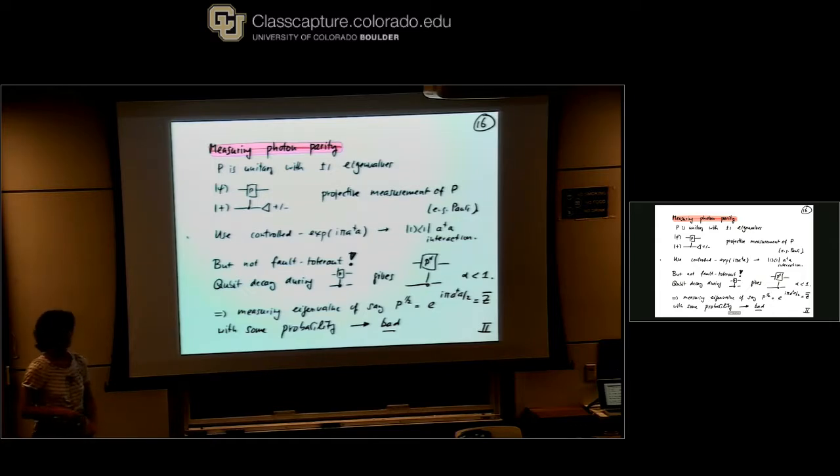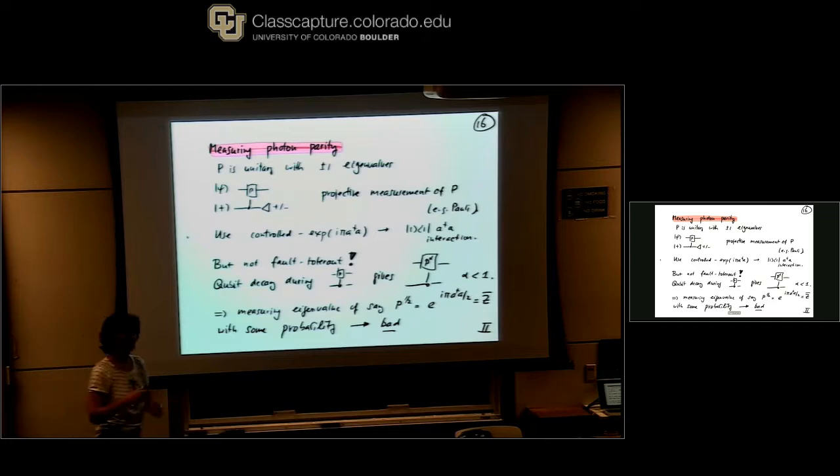You have your state, you do this measurement, and you keep on doing it. Every time you ask, does the photon parity switch, yes or no? And you assume that the measurement is reliable. Of course, if it's not reliable, then, so the point of that experiment, this is a very nice paper by Ofek et al.